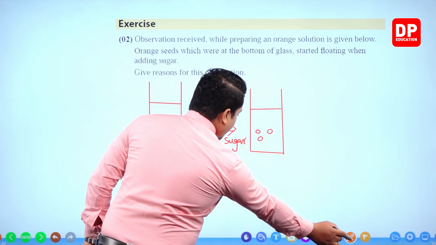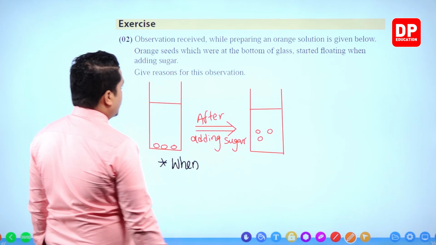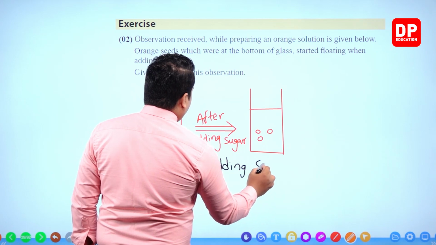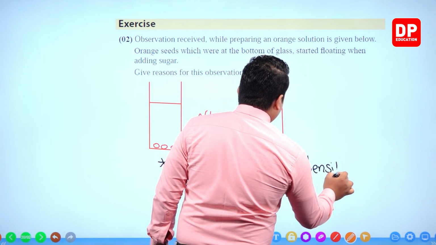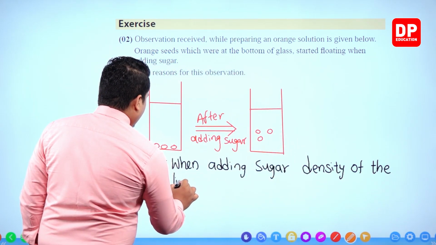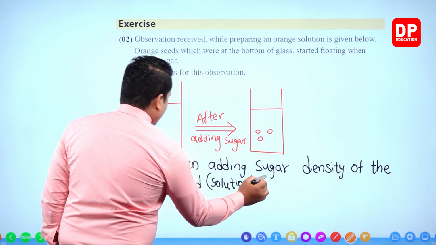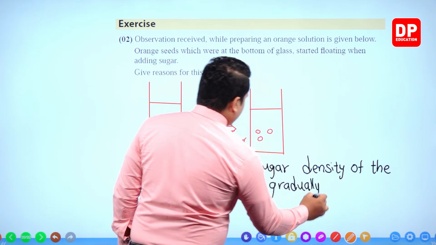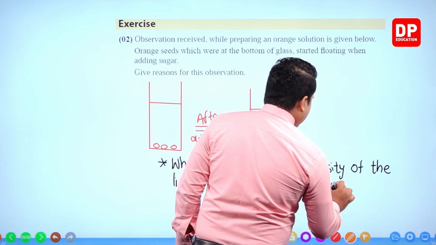So reason is very simple. We can write: when adding sugar, density of the liquid or the solution gradually increases.